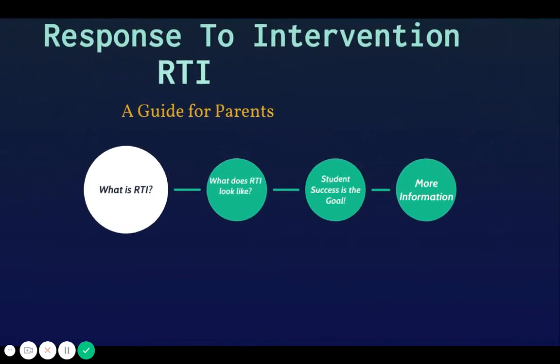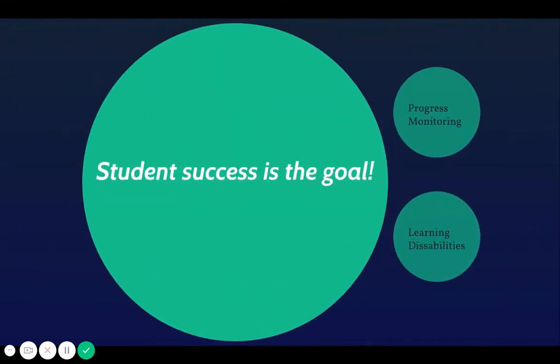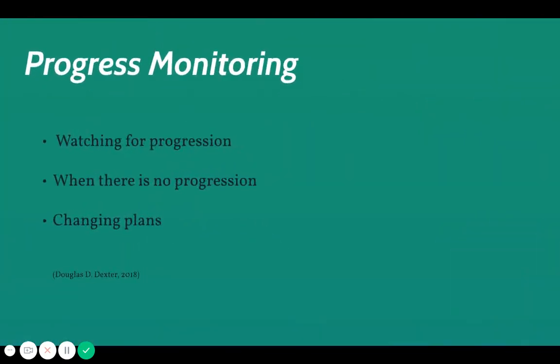All right. Student success is the ultimate goal. And if that's our goal, we've got to have this progress monitoring component. This progress monitoring component is going to be watching students closely, especially the students that are in tier 2 and tier 3, to see if they're progressing throughout the year.